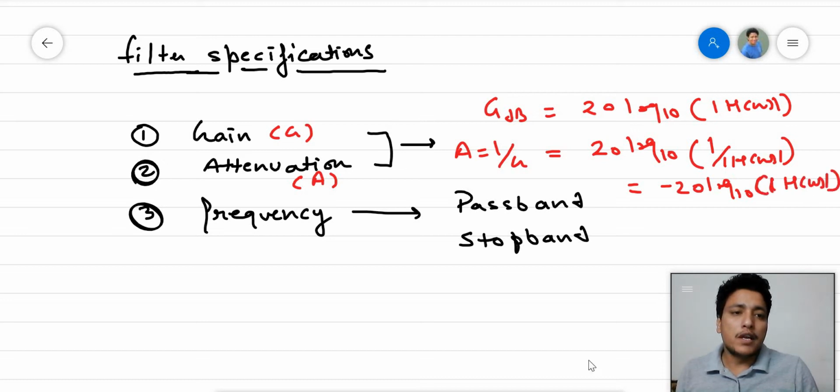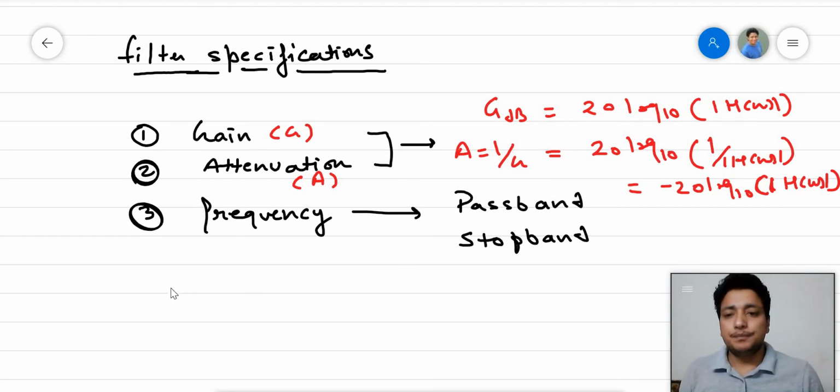Attenuation comes with a negative term, whereas gain in decibel is given with a positive term. When we realize a filter, we can sometimes give magnitude in terms of attenuation, sometimes in terms of gain. It depends upon the perspective of how a designer wants to represent that particular filter. So sometimes it comes with gain or attenuation.